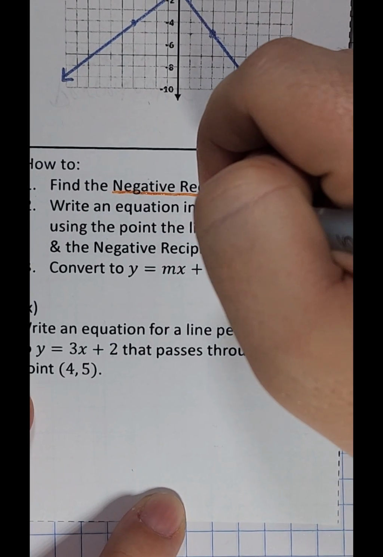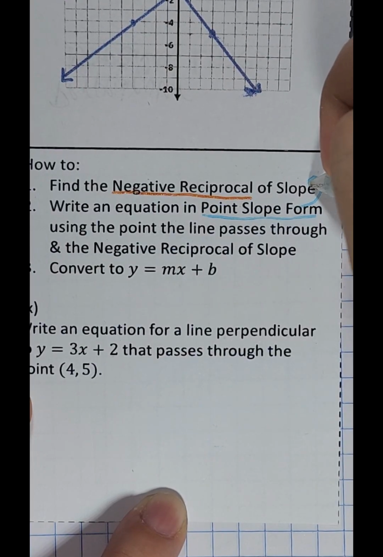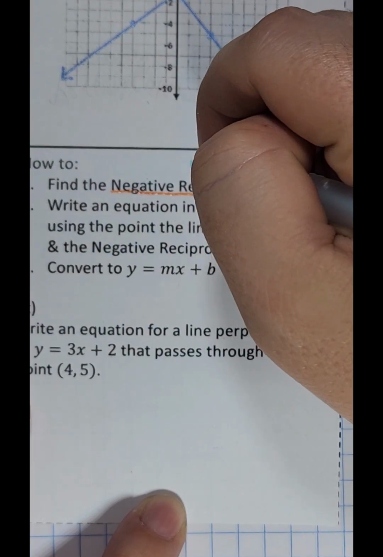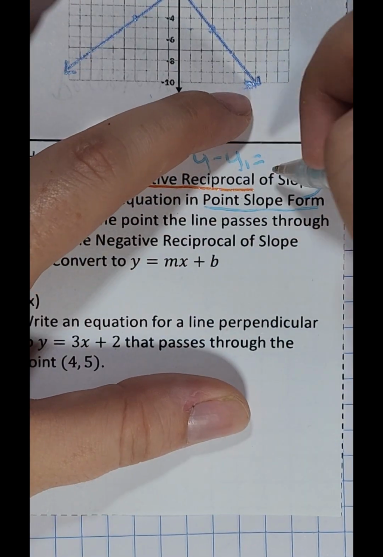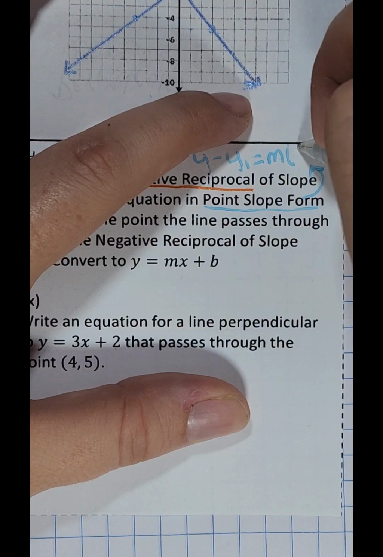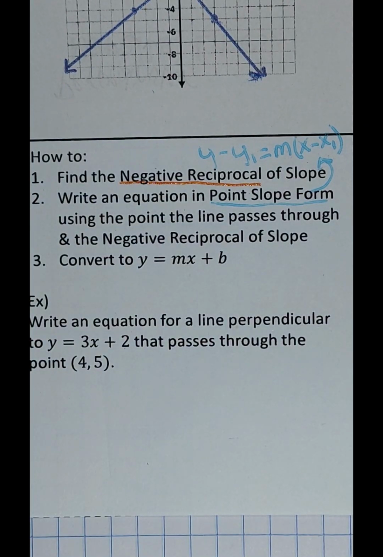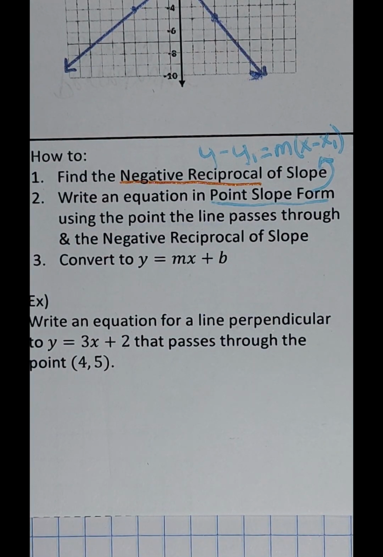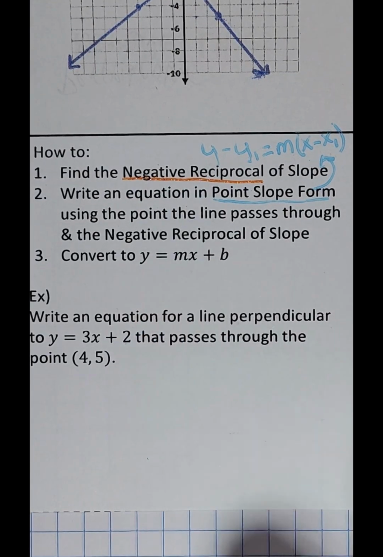Point slope form would be y minus y1 is equal to m times x minus x1, using the point that the line passes through and the negative reciprocal of slope. Once we have that equation, we're going to convert it to slope-intercept form, or that is y equals mx plus b.